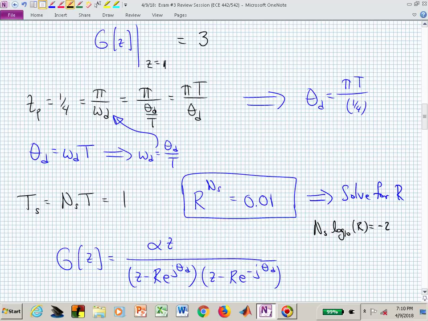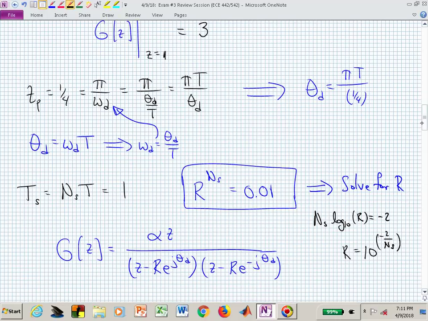We could divide by n sub s and take the anti-log, and now we have R is equal to 10 to the power of -2 over n sub s, to find R in terms of number of sample periods. That gives us R. The time to peak gave us theta sub d. We could also use the percent overshoot to give us zeta, and we have formulas, and we may have some later that show the relationship between zeta, theta sub d, and R, and percent overshoot.